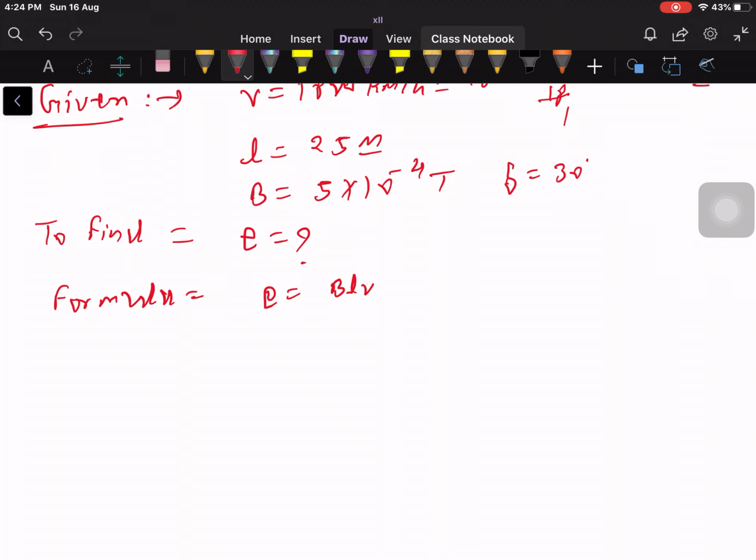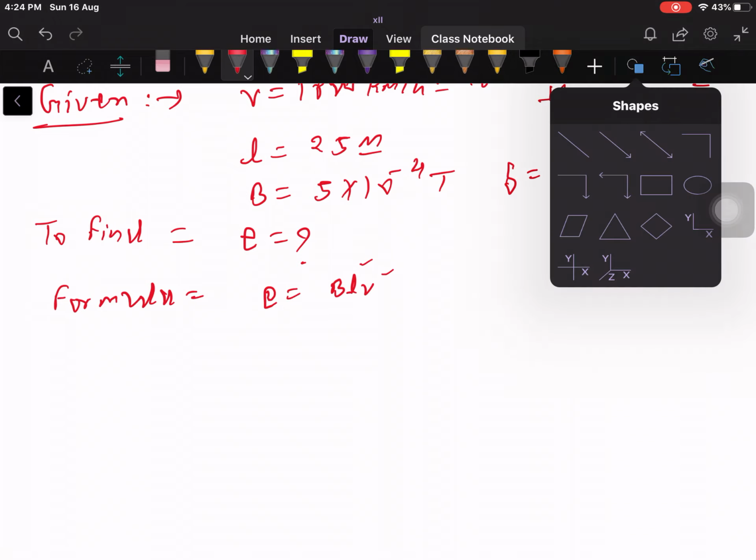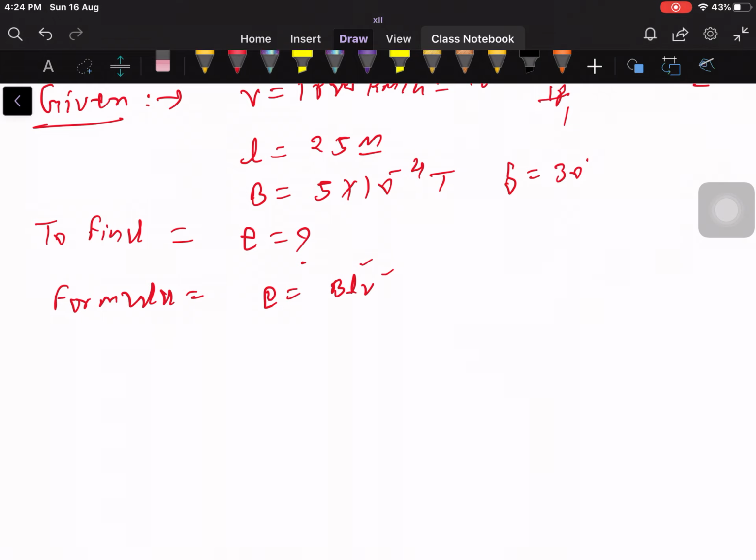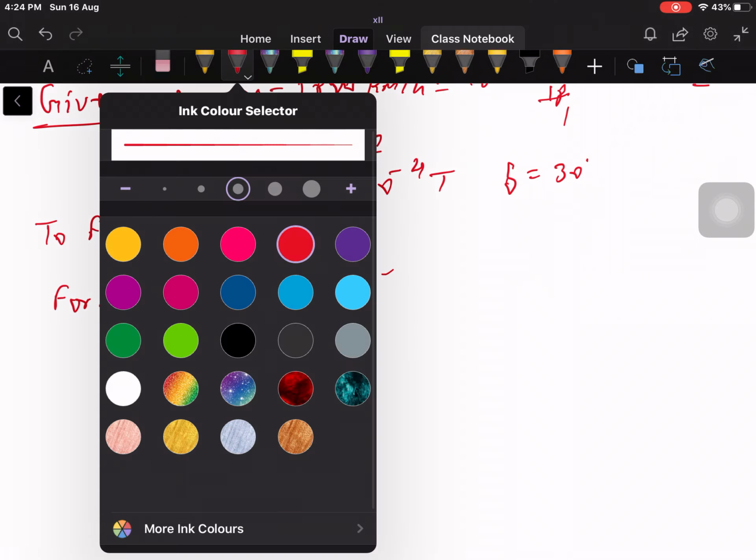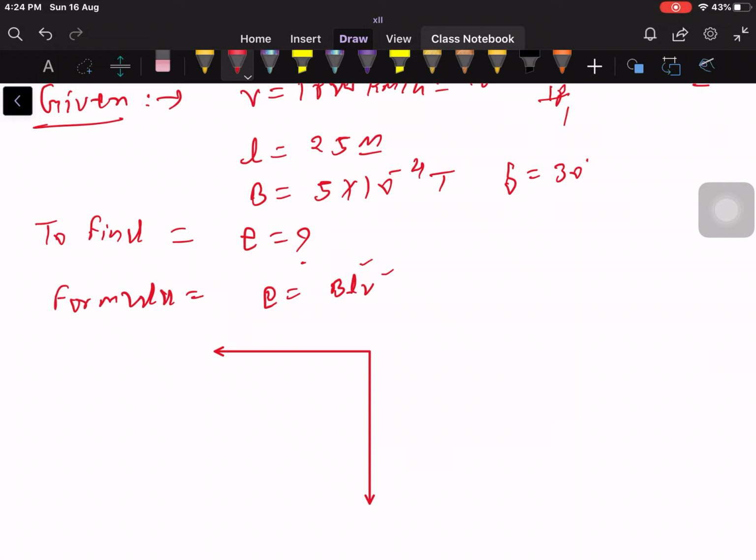So induced EMF is to be calculated using this, E is equal to BLV. L is known to us, V is known to us. What about B? That is the point which we should discuss. Let's see what is given to us.